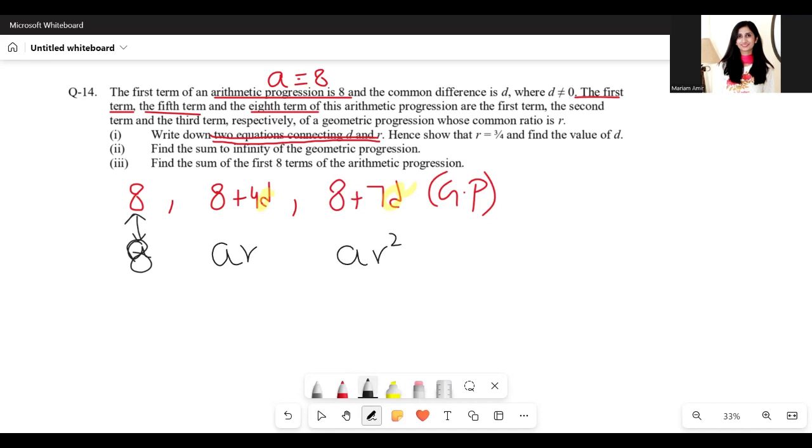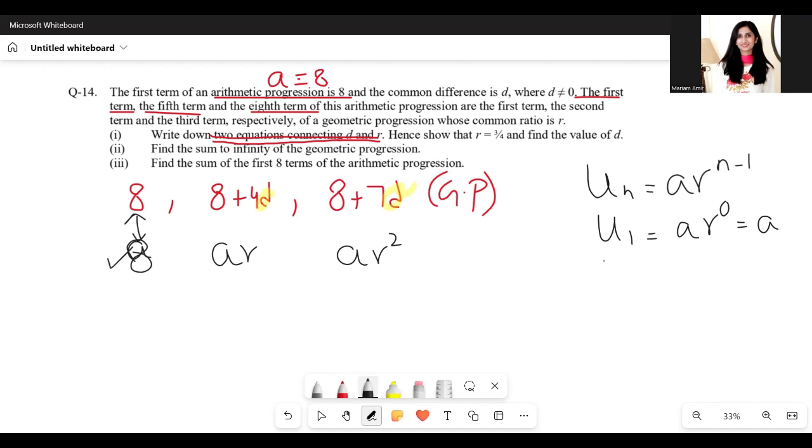The nth term of a GP is AR to the power n minus 1. So the first term is AR to the power 0, because 1 minus 1 is 0. That only gives A, and A is given already in the question. It's 8 because the AP and the GP have the same first terms.